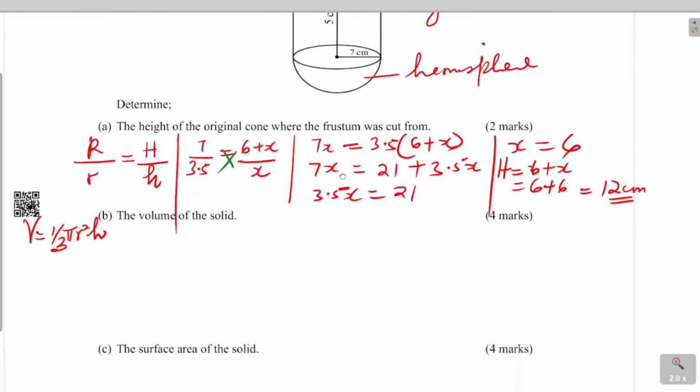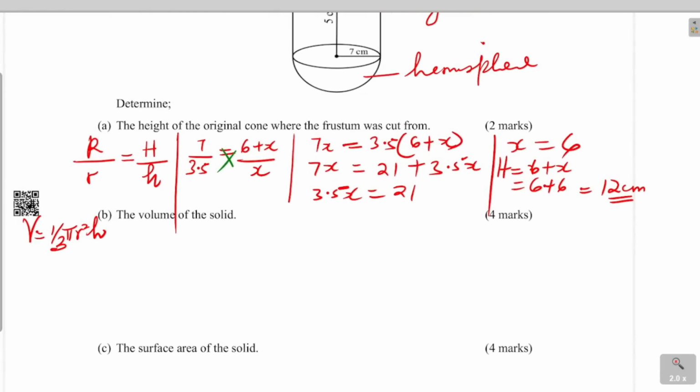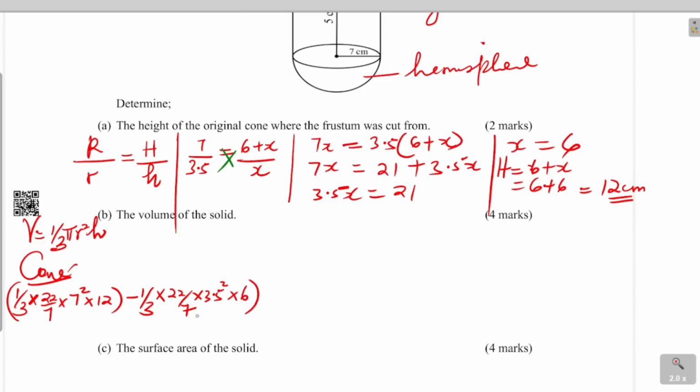So we start: a third times pi, which is 22/7, times radius squared for the bigger cone, times the height, 12. Then we subtract the smaller cone: pi r squared, the radius is 3.5, times the height, which is 6.